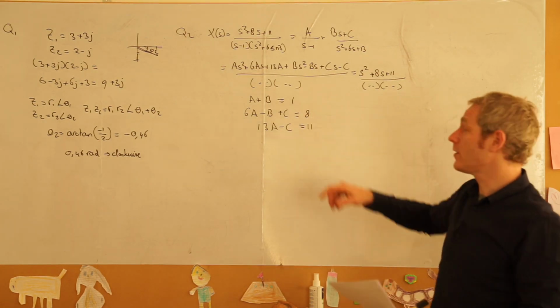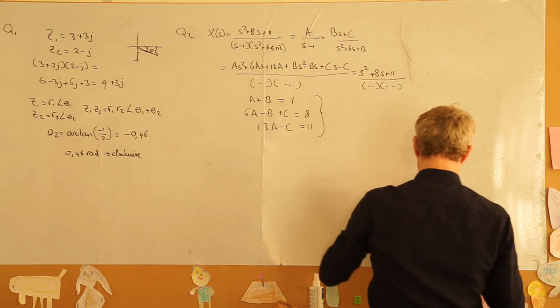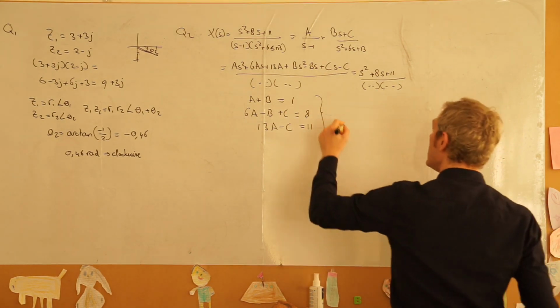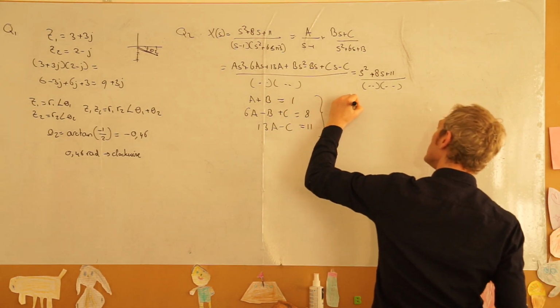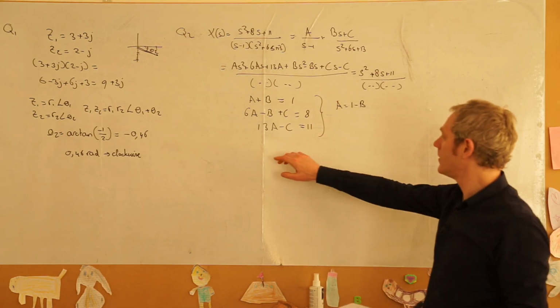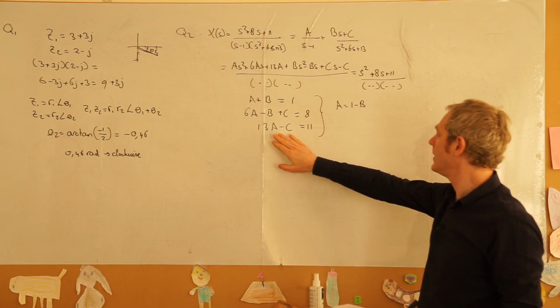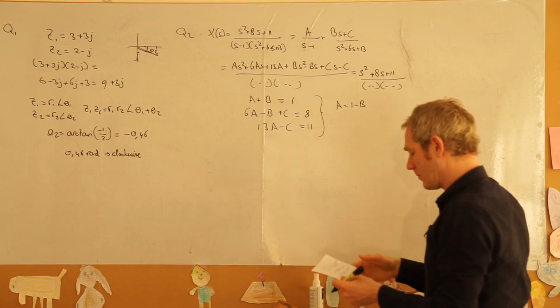Now I will take the first one and I will say that A is equal to 1 minus B. So I can put that in here.